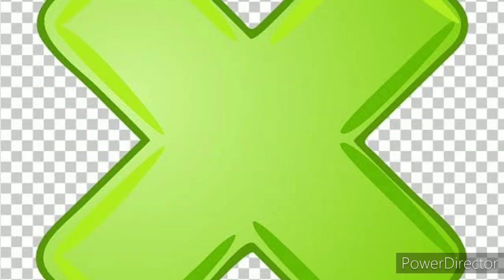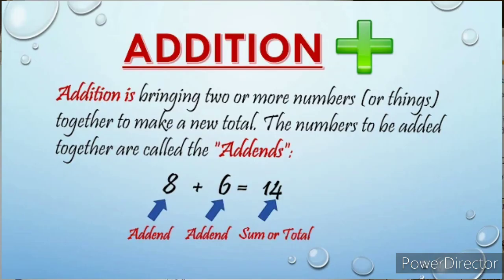First one is addition, subtraction, multiplication and division. Today our topic is what? Addition. Now, addition is adding 2 or more numbers, means to find their sum or total. The symbol used for addition is plus.